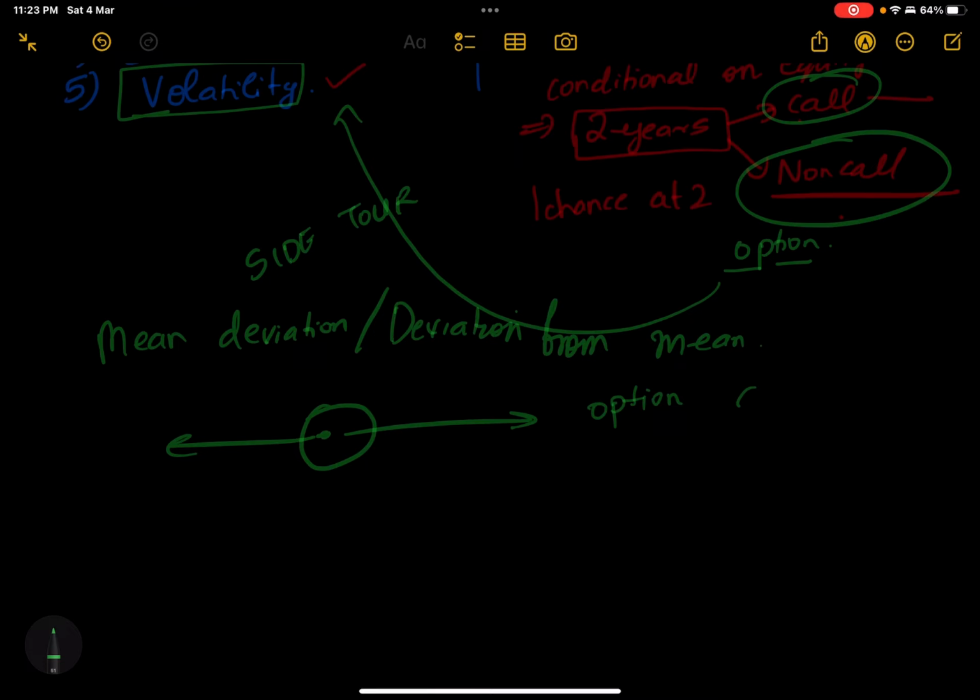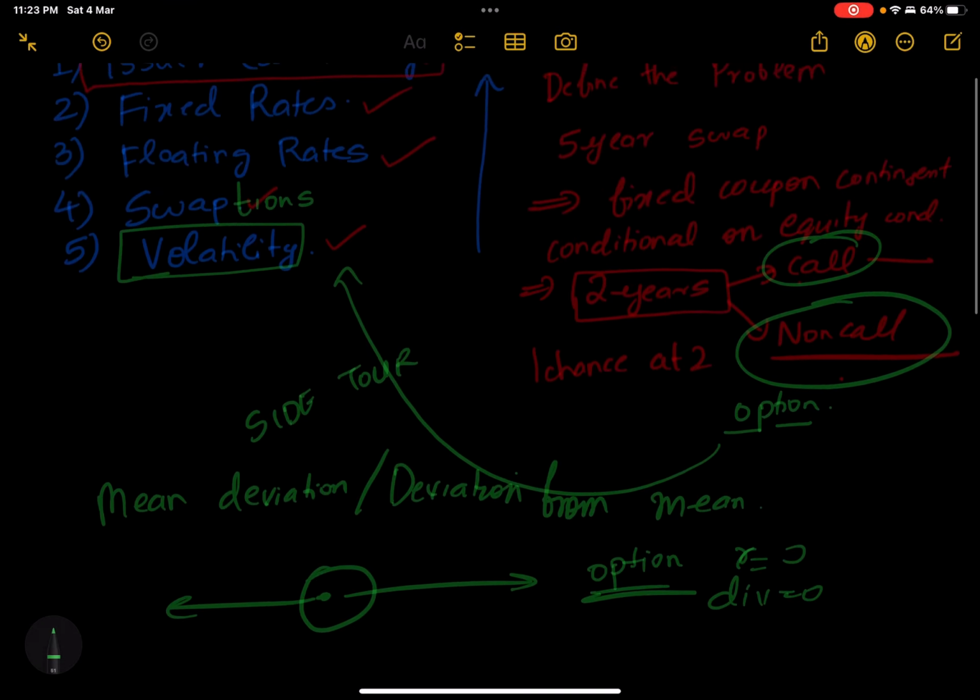If assuming the rates are zero, dividend is zero, so the only thing remaining is your volatility. So since we will evaluate some sort of option, we know that this is some sort of an option. So technically, this will require volatility.